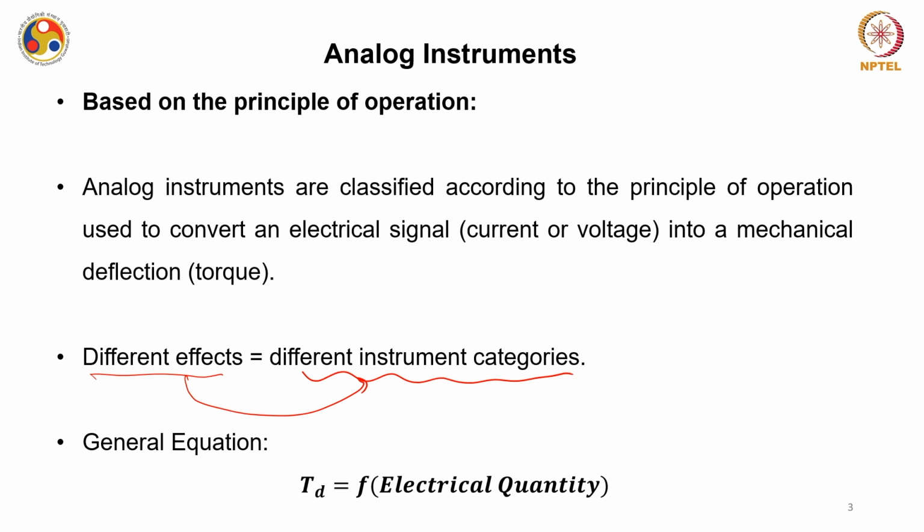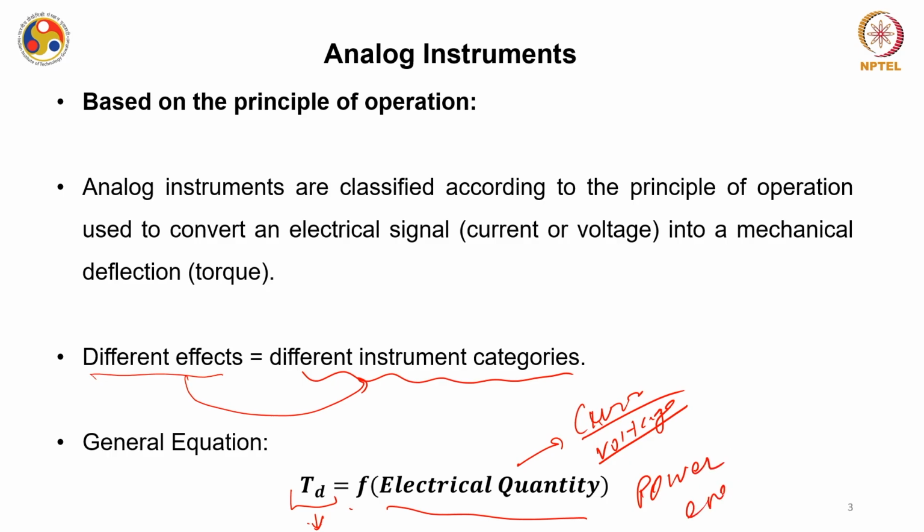In general, the equation can be like deflection torque is equal to some function of an electrical quantity. This quantity can be, say, current, or voltage, or a combination of these two, for example power or energy.